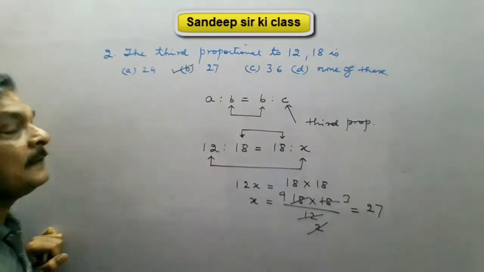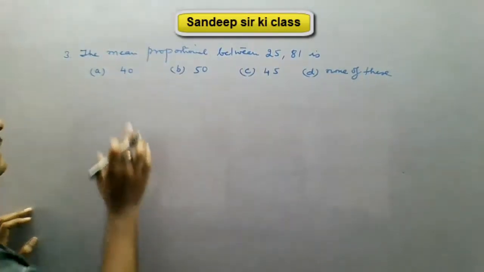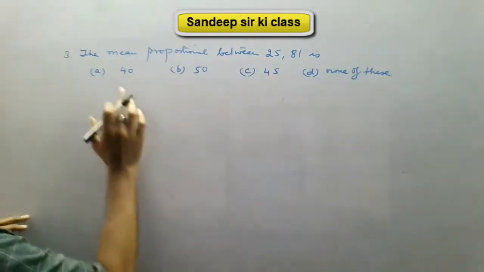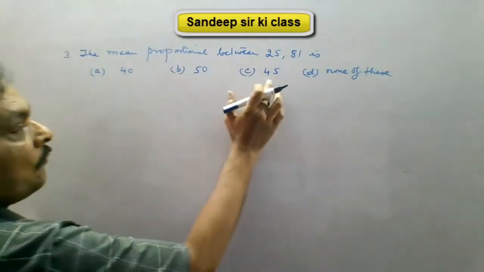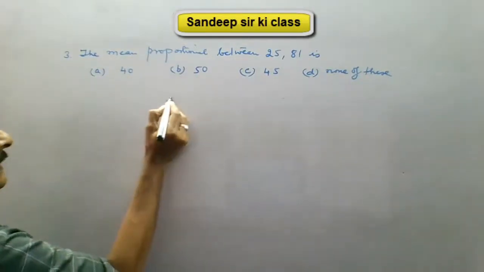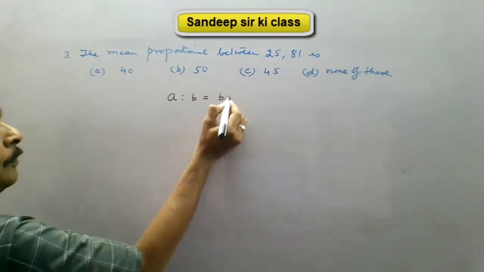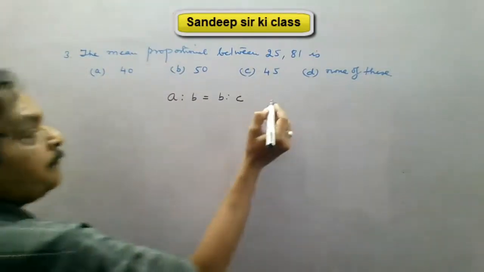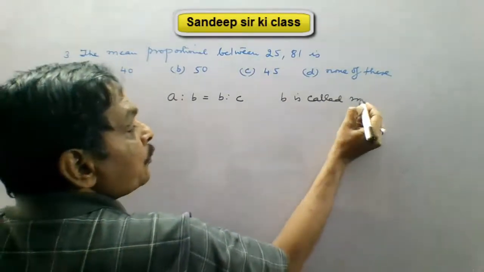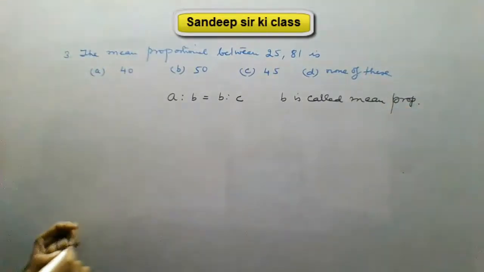Now we will see the next problem. Question number 3. The mean proportional between 25 and 81 is 40, 50, 45 and none of these. Now we know that if A ratio B is equal to B ratio C, then B is called the mean proportional.